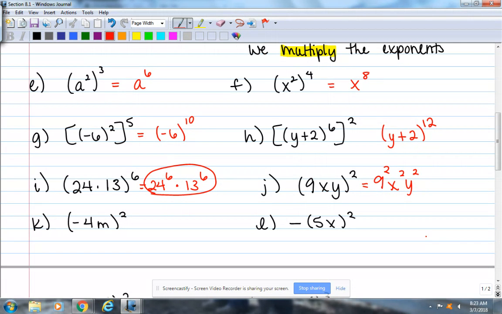Do we know what 9 squared is, y'all? 81. Go ahead and simplify one like that. For sure. And I forgot my one. 81 x squared y squared. Everything on the inside gets the outside exponent.